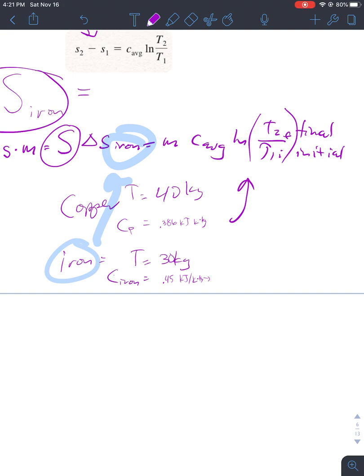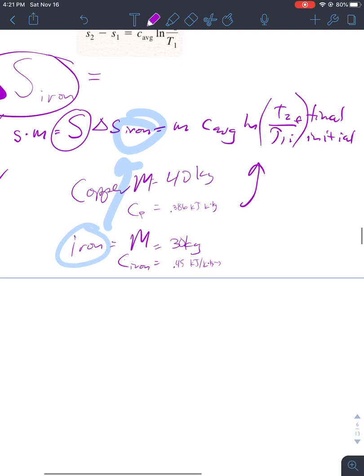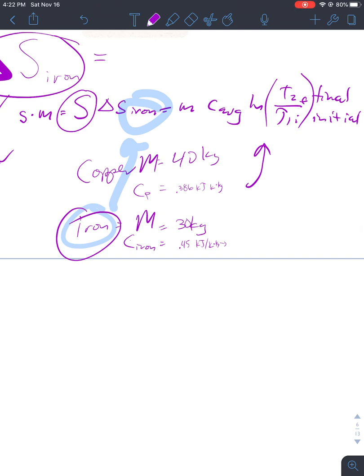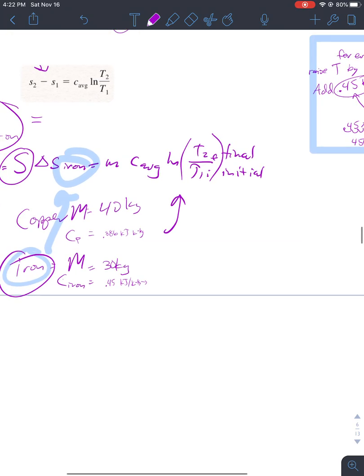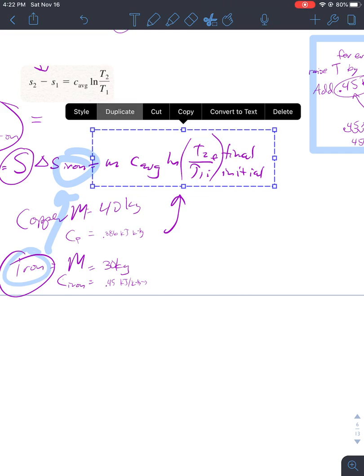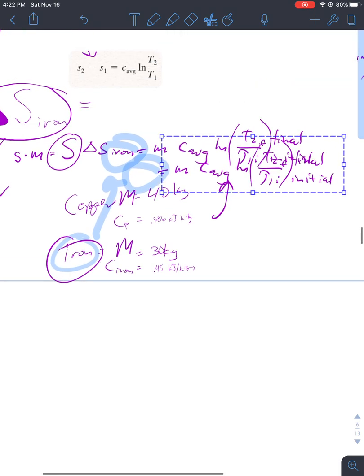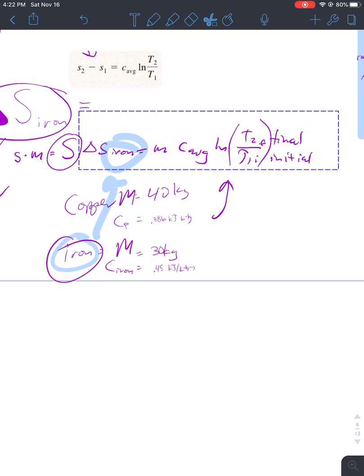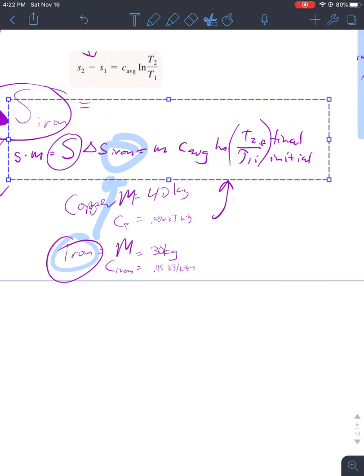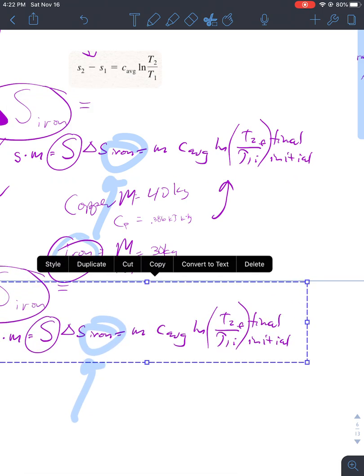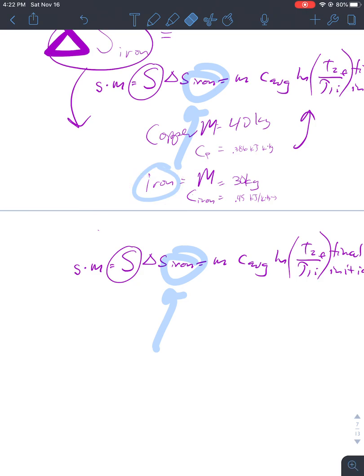Whoops, that's not T. I messed up here. Mass and mass. So we're doing iron once again. Let's put this down here. Clean up.